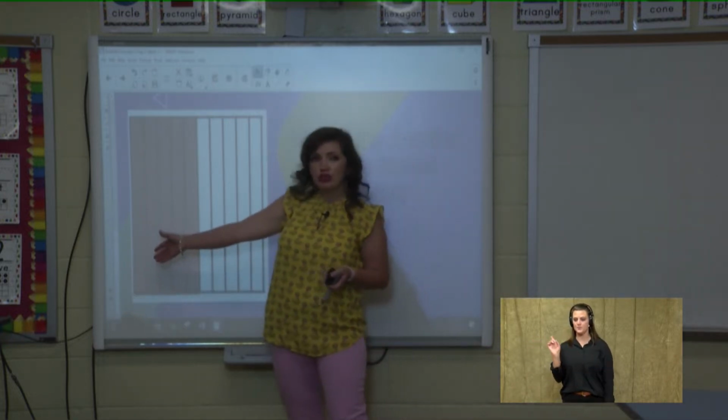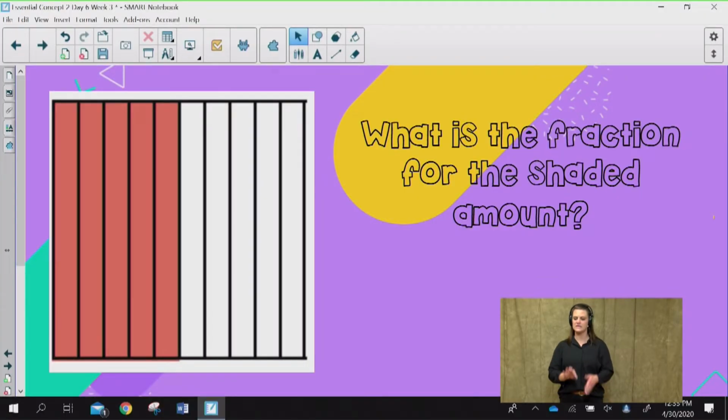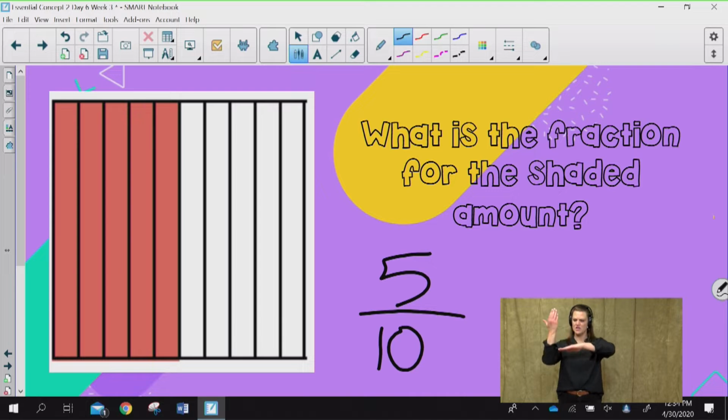All right, so let's look at the fraction for this one. What fraction do you see over here? Well, let's count. 1, 2, 3, 4, 5. What would our denominator be? 10. Very good. So we would have 5/10. Now, what would be our equivalent fraction with a denominator of 100?